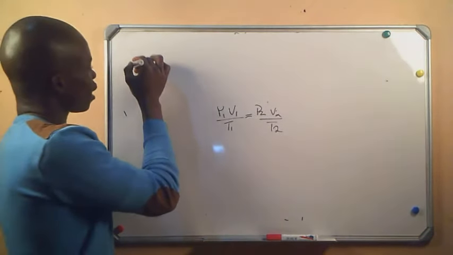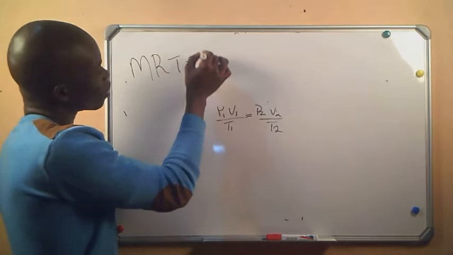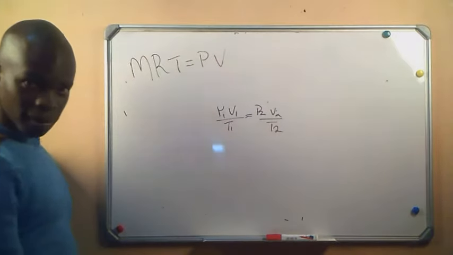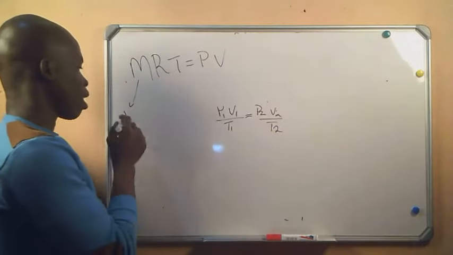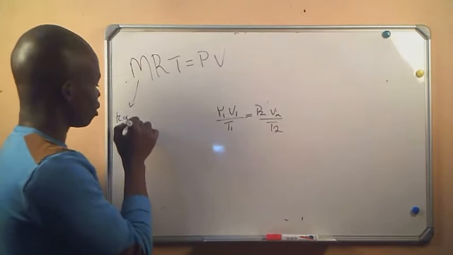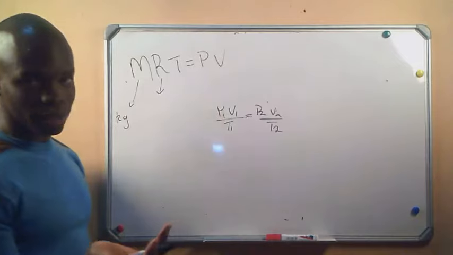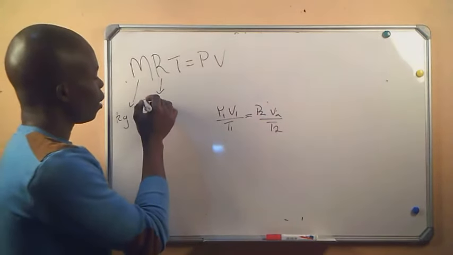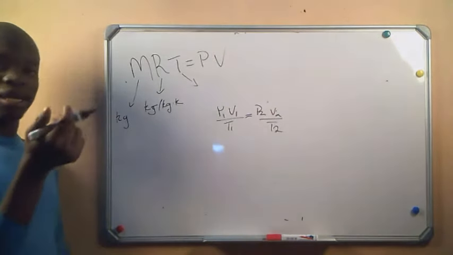We have a formula that says M R T is equal to P V, with M being our mass, measured in kgs, R being our gas constant, measured in kilojoules per kg Kelvin. And then we have our T.